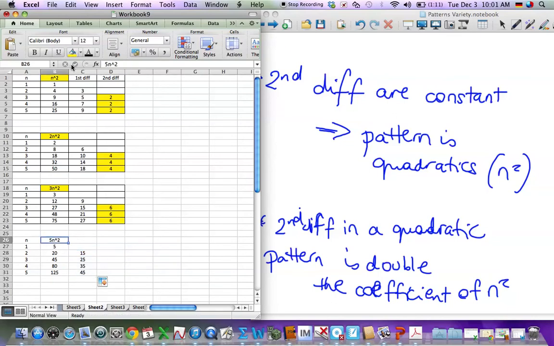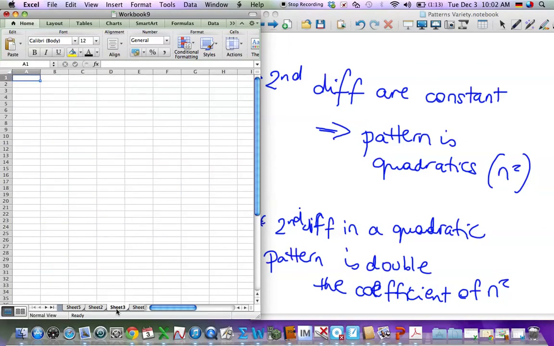You should be anticipating that the second differences are going to be 10. Let's see if they are. Equals this minus this, and it works. We're going to use this to our advantage, because now we know if the second differences are 10, my formula involves 5n squared. If my second differences are 6, my formula involves 3n squared. In class, we've looked a little bit more at why that happens, but for now, let's just use the technique.